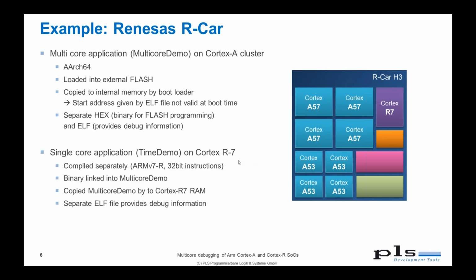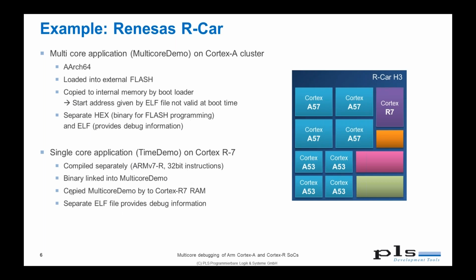For the Cortex-R7, I have another application. It's called Time Demo, which is a single core, 32-bit application, using the ARM v7R instruction set or architecture specification. And the binary of that Time Demo is linked into the hex file of the Multicore Demo.